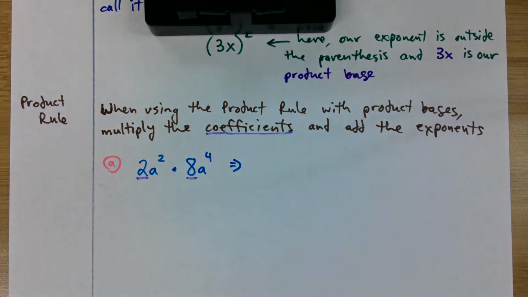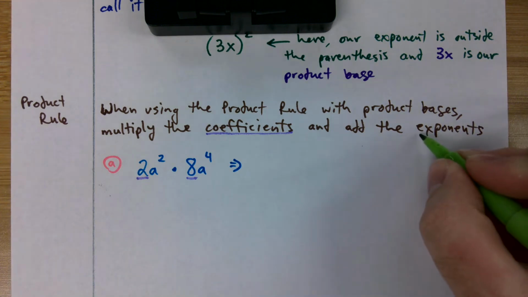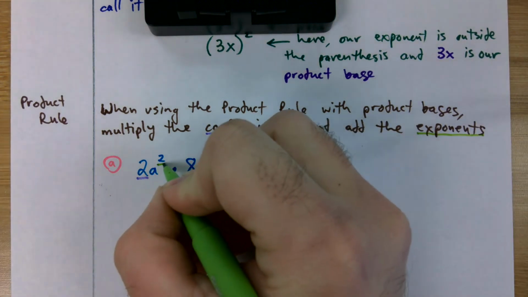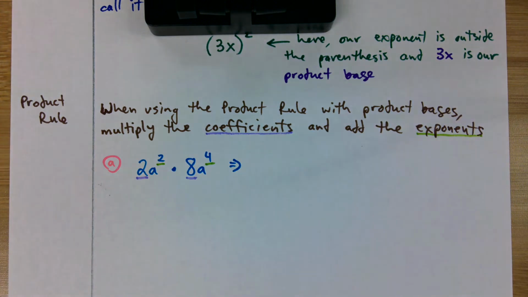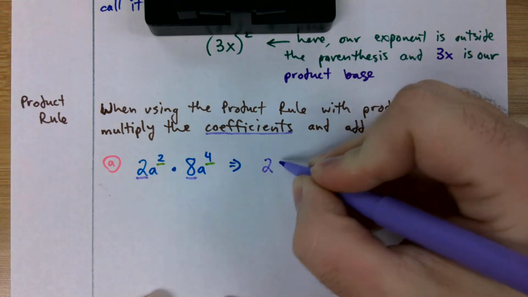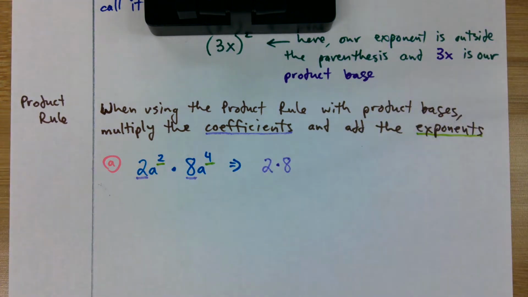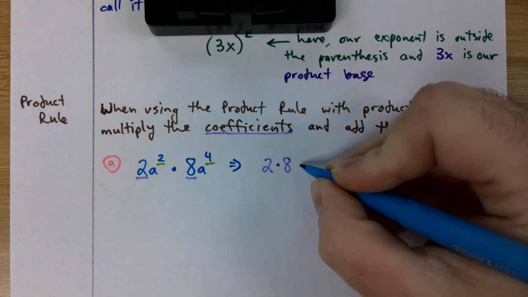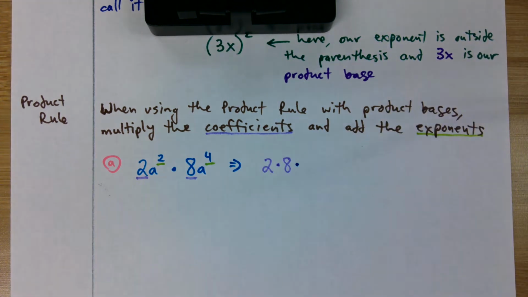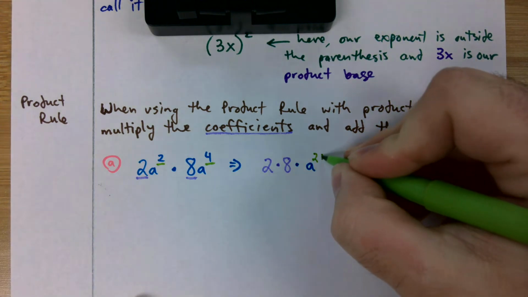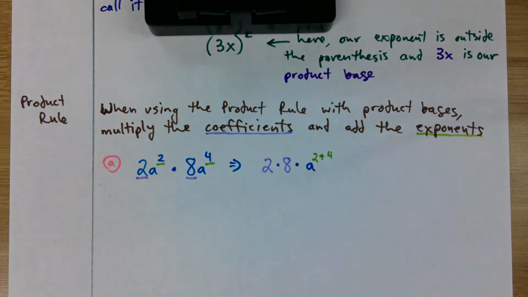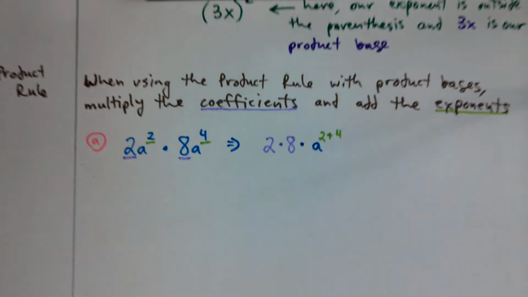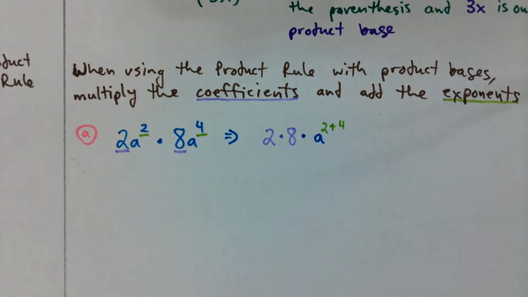Our coefficients are 2 and 8, just the number in front of a variable, and our exponents are 2 and 4. We're going to multiply 2 times 8, and then add our exponents, 2 plus 4. This is a little bit complicated. I understand if you're confused. We'll take it slow, don't worry.